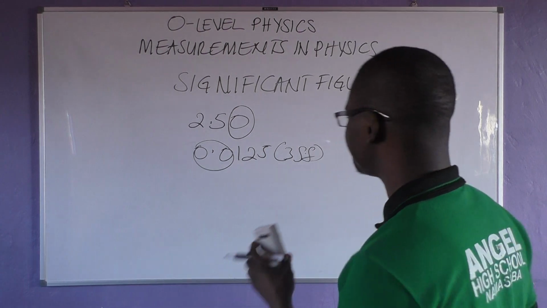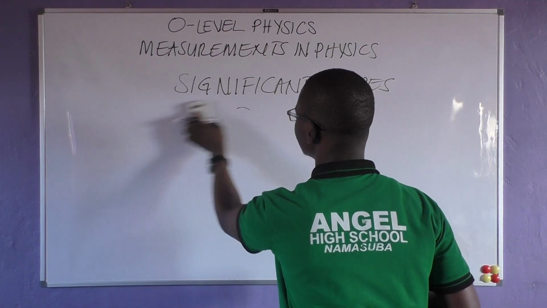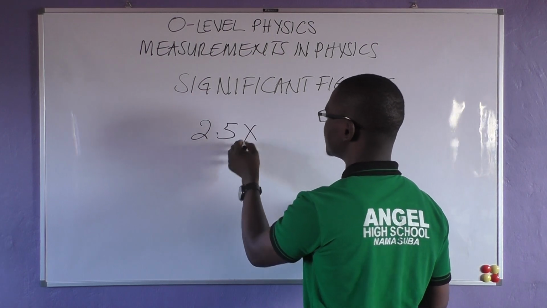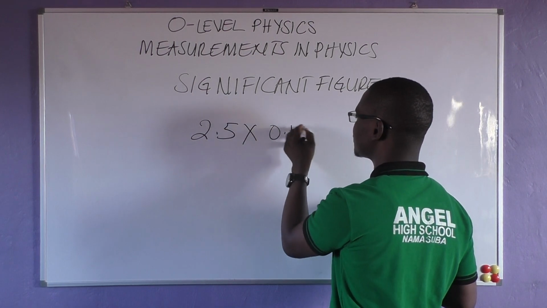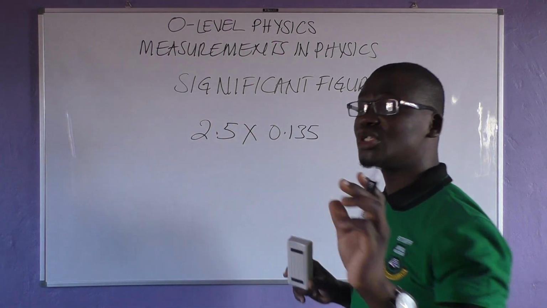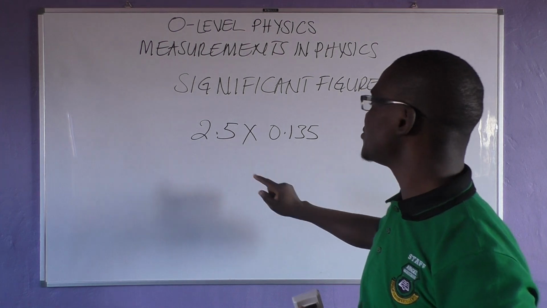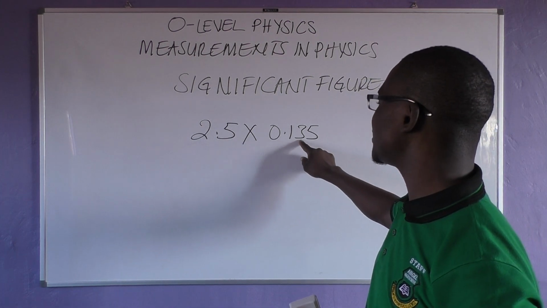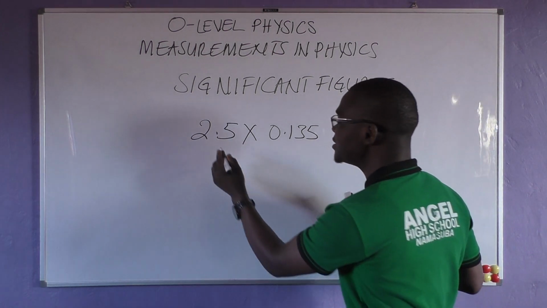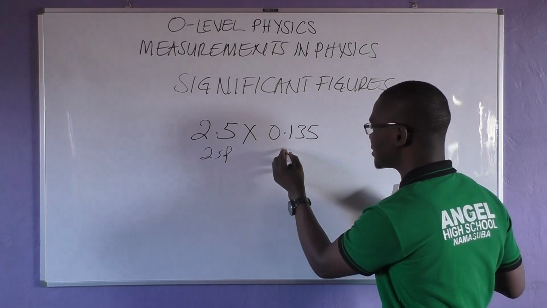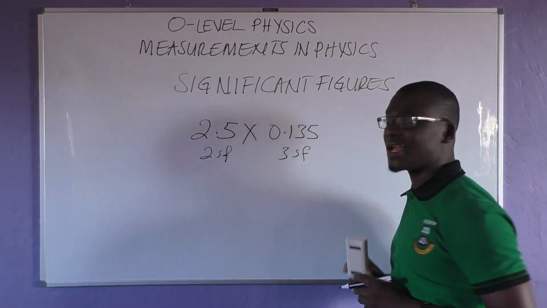For instance, when I'm multiplying 2.5 times 0.135, this one has two significant figures, and this one has three significant figures.